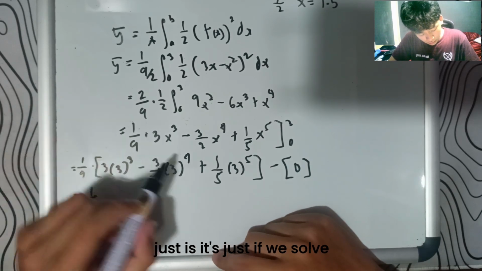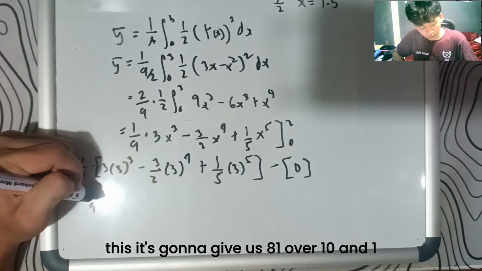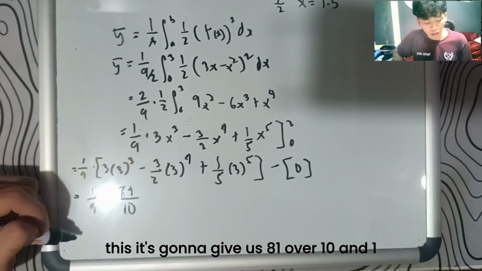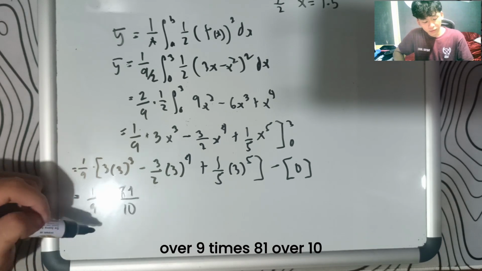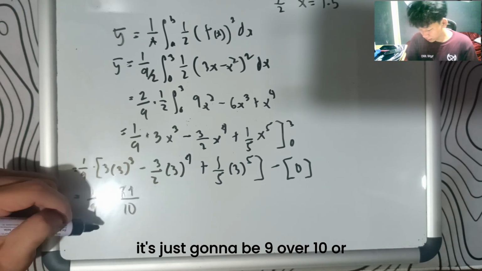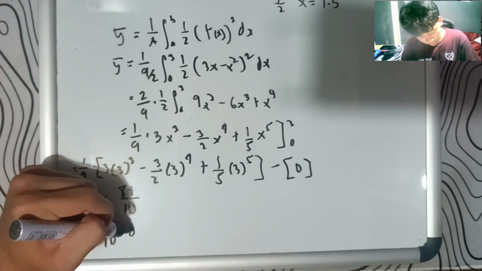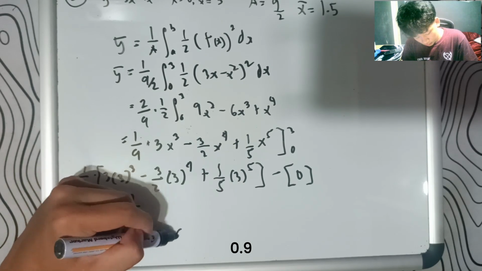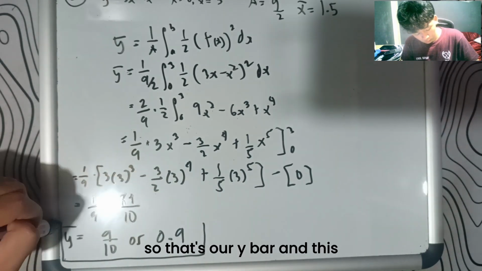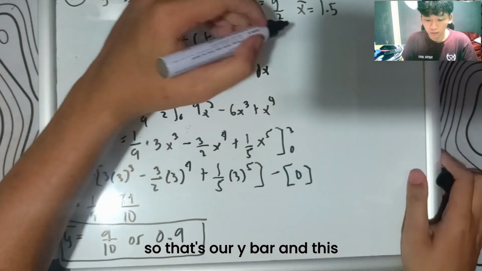So if we solve this, it's going to give us 81 over 10. And 1 over 9 times 81 over 10 is going to be 9 over 10, or 0.9. So that's our y bar, and this is our x bar.